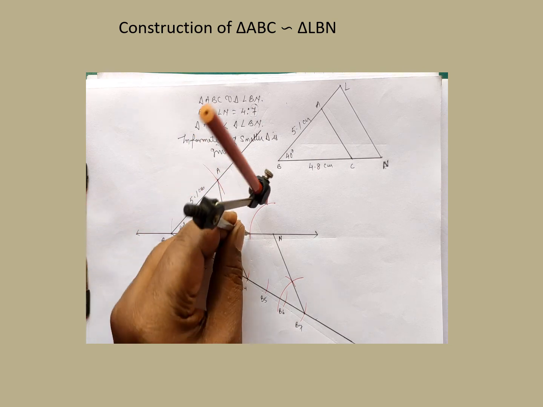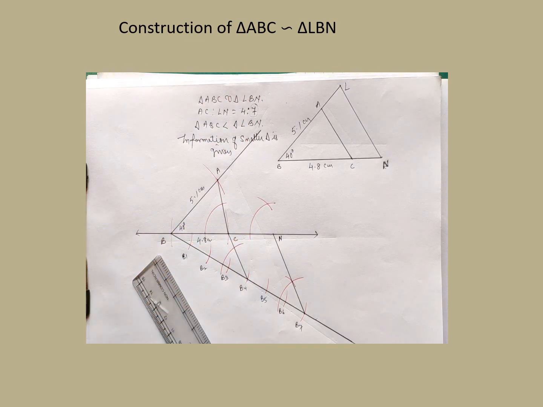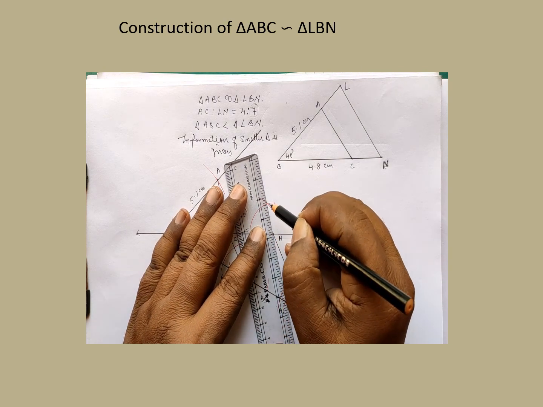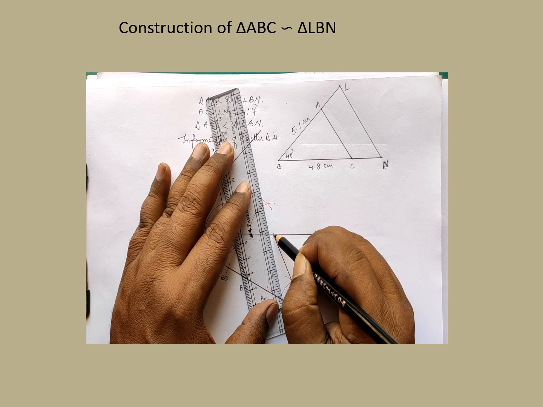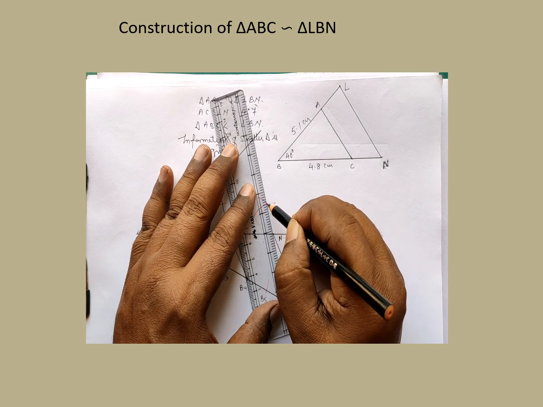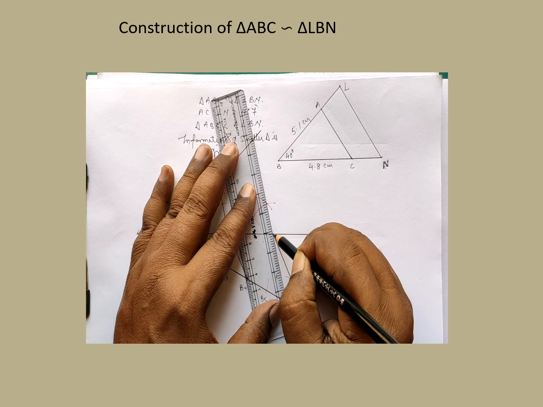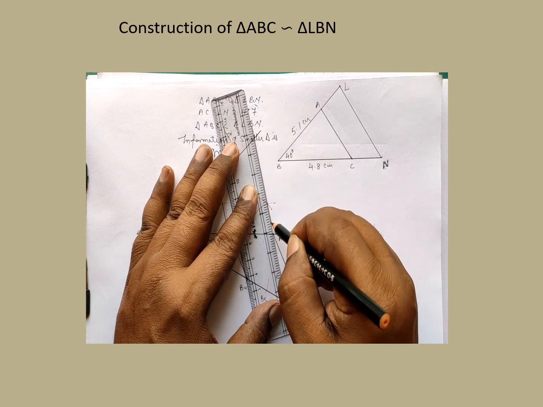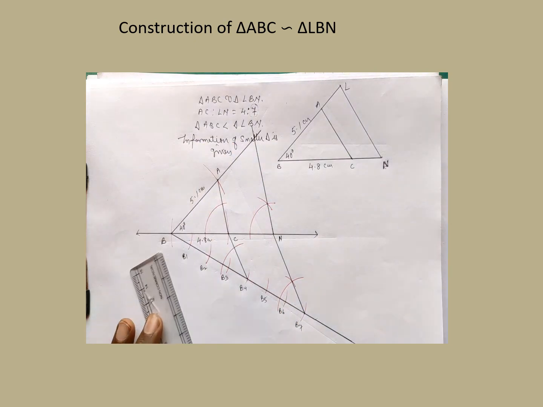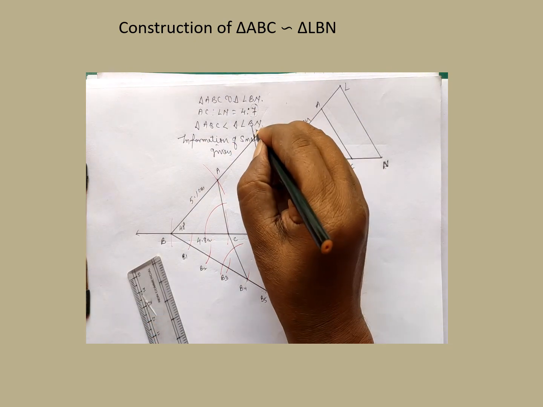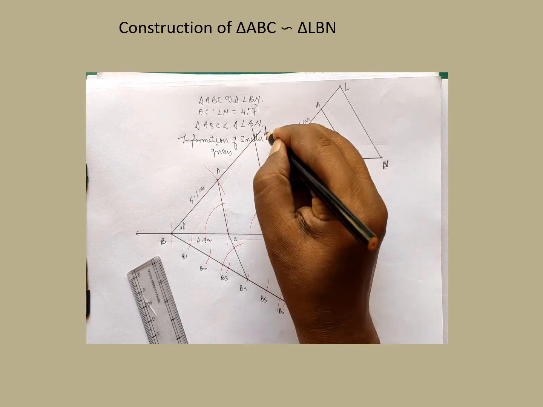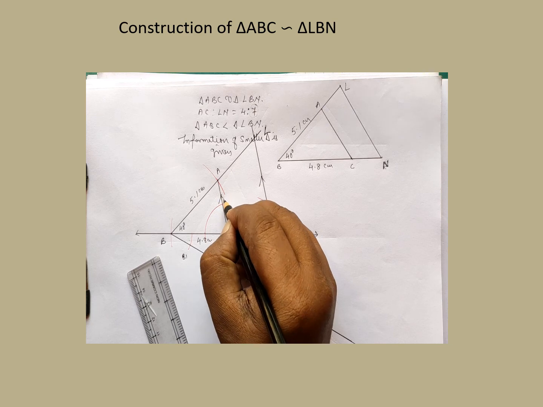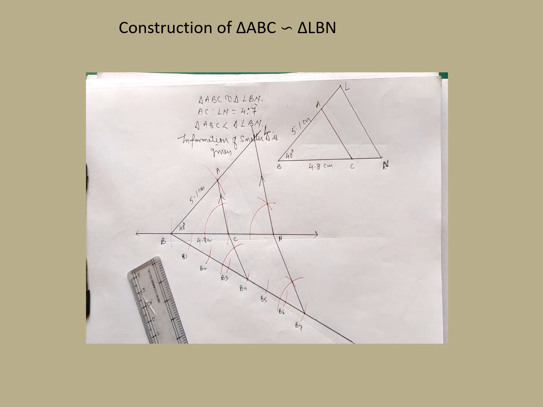From here, yes, we got the point. So from this point and from this point, we will draw the line and extend it. So we got our point L here. They are intersecting here. You'll find these two are parallel. I hope it is very clear to you.